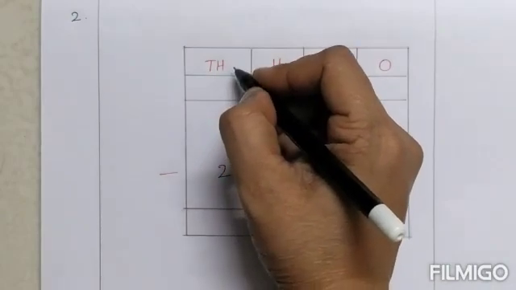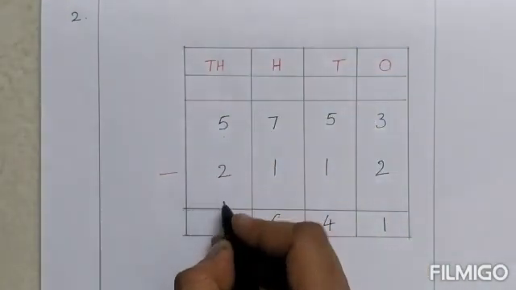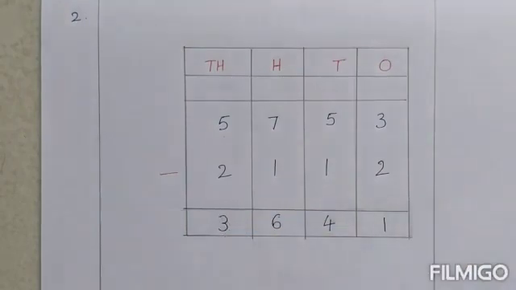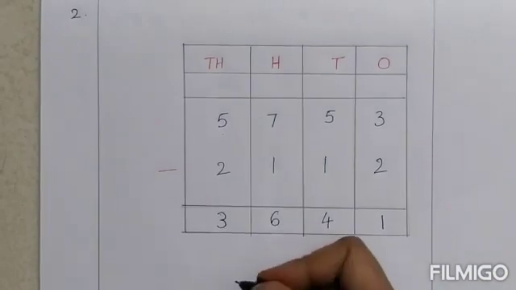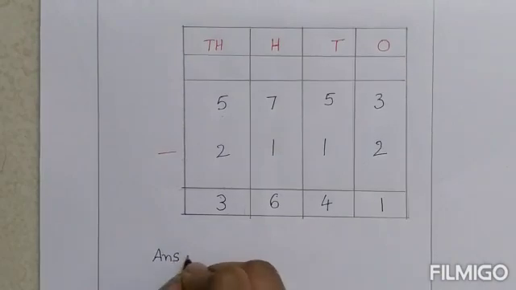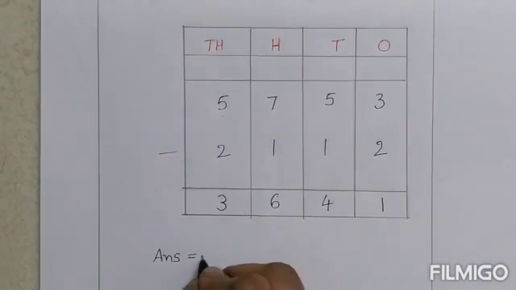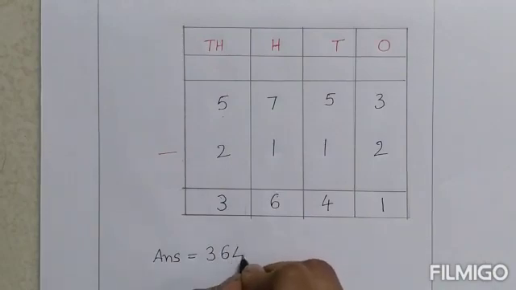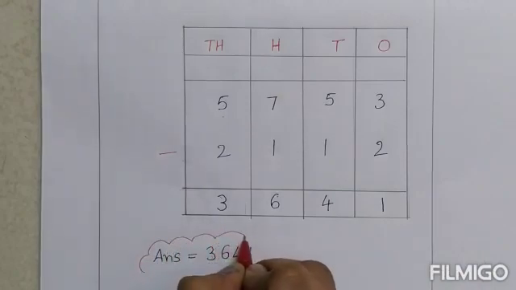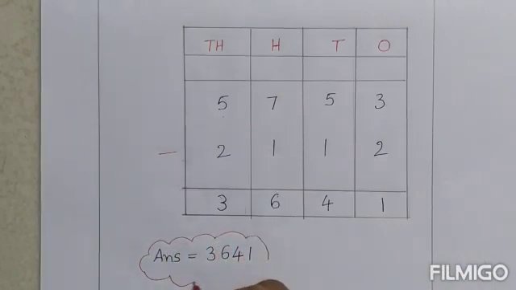Lastly in thousands column, we have 5 minus 2, that is 3. Now we have to write answer is equal to 3641 and take a red pencil and make a cloud.